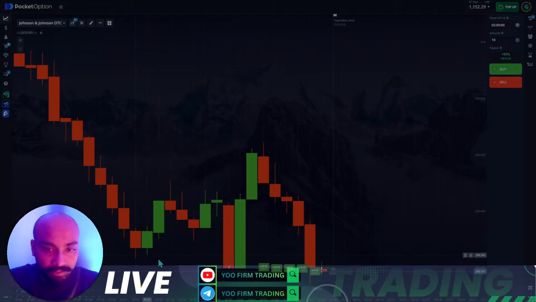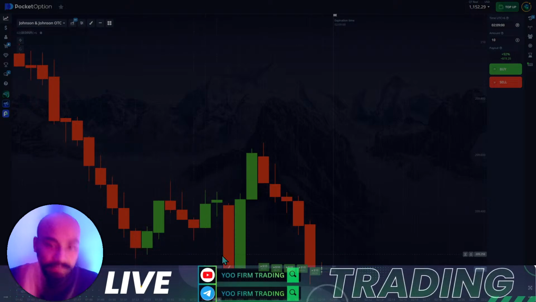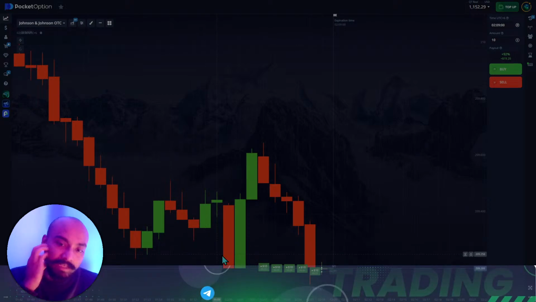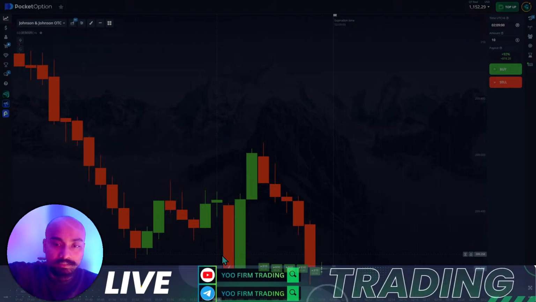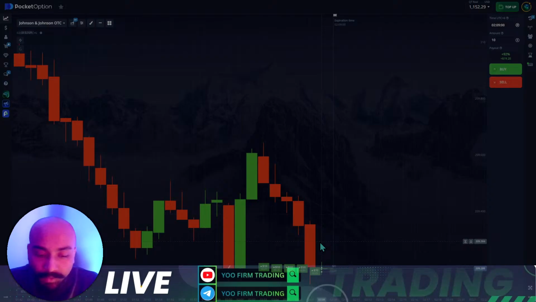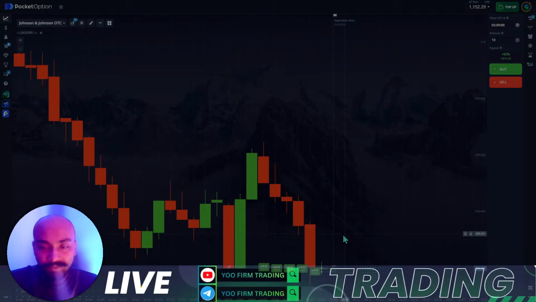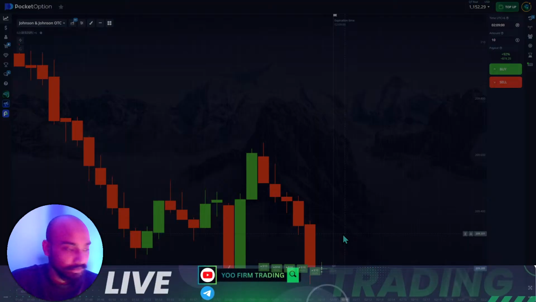So it's on our bias level, right? Okay. It's absolutely a buyer's level. It's making lower lows and it's getting rejection, retracement. So that's why I took this trade. I placed like $50. Oh, the net will have a problem.